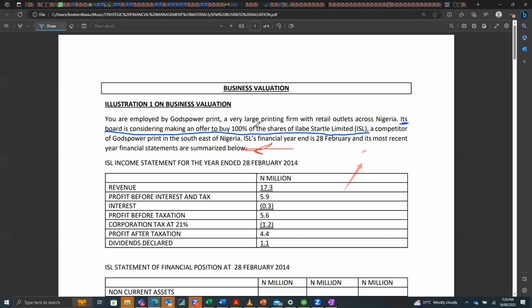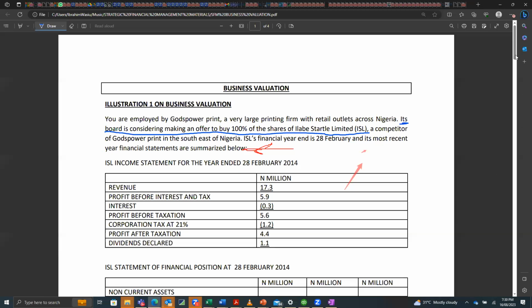So what is the reason for valuing this company? Why are we valuing it? This is because of merger and acquisition.